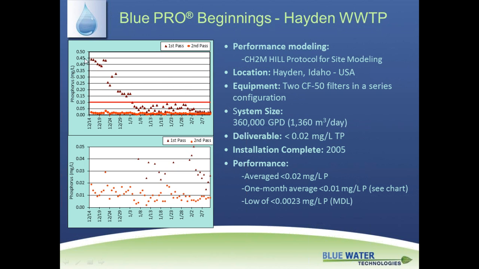This particular plant was dealing with phosphorus that was in the 3 to 10 milligrams per liter range, and by the end of the day after installing a two-stage system, they're having residuals for phosphorus, an element that's conventionally very difficult to remove to these residual levels, bouncing around the 10 microgram per liter range, and basically maintaining an operating line below 0.02. And this chart covers almost a 3-month period or 2-month period.